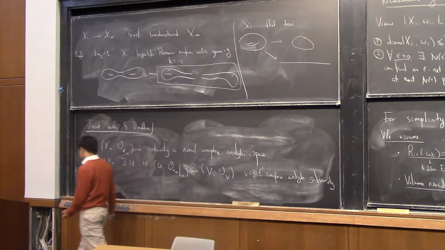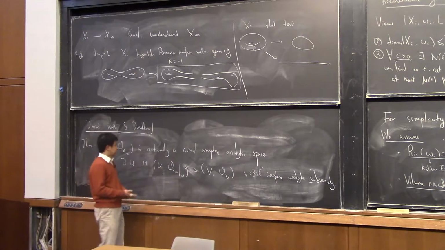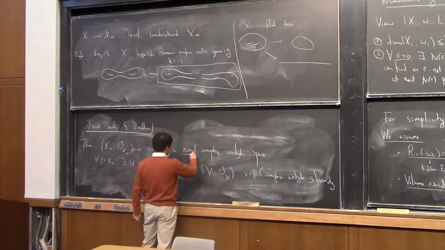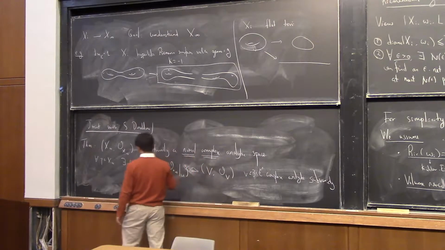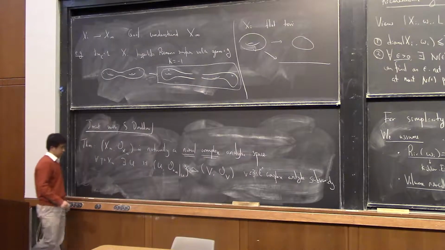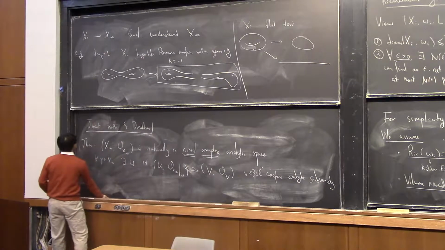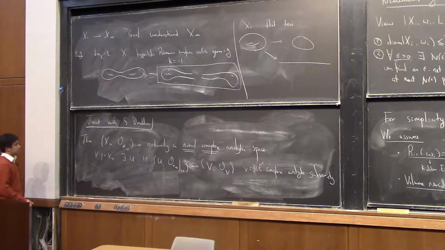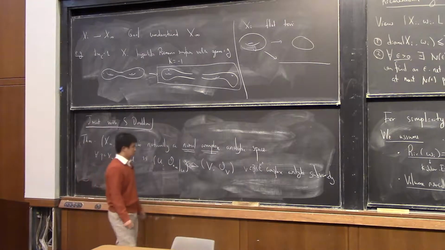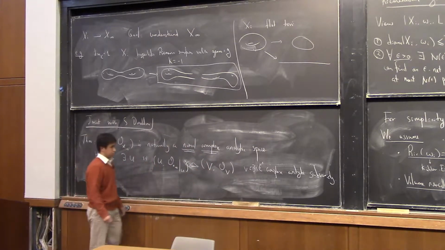The key point is that we get a complex structure on the limit, and the singularities are normal. So just to clarify, you're not going to get the nodal limits of smooth curves, for instance.